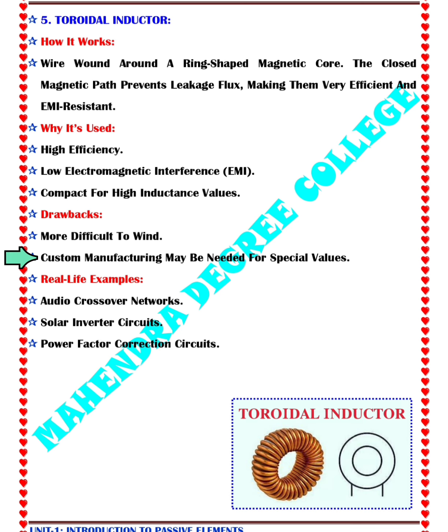Custom manufacturing may be needed for special values. This means if you need a specific inductance that isn't standard, it may require custom design and production, which can be costly.